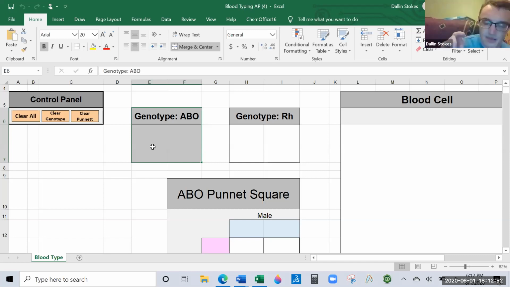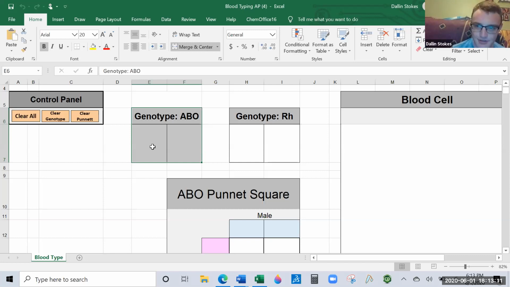So in my genotype, there's now more than two options of things I can have. The codominance one is the A allele is codominant to the B allele. So if you have an A allele and a B allele, you actually wind up being AB blood type. And I'll show you here in a sec. It'll make more sense how that works.